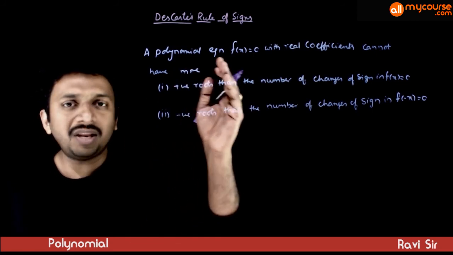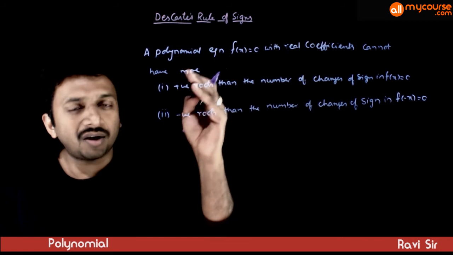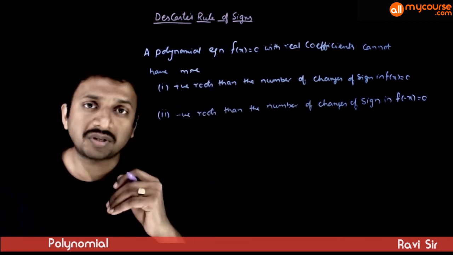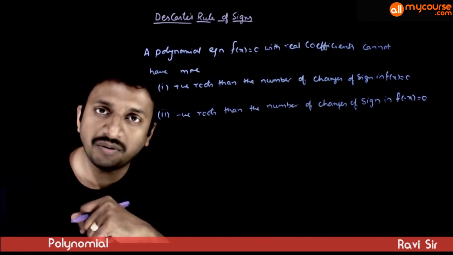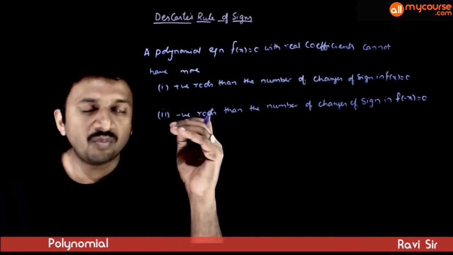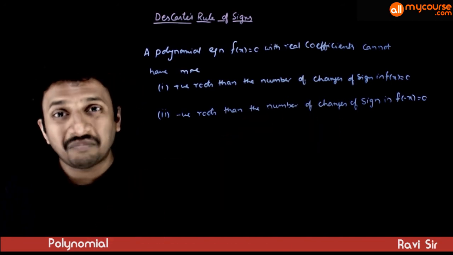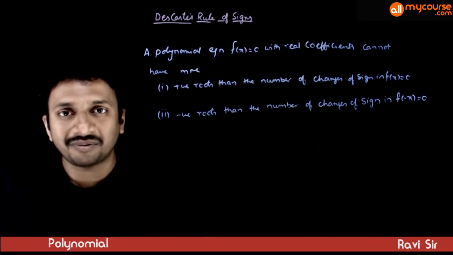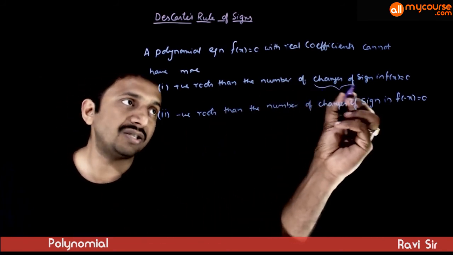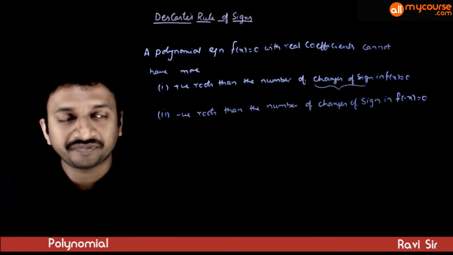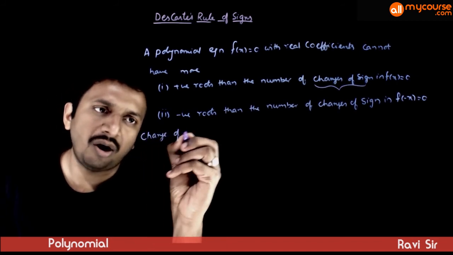So a polynomial equation f of x is equal to 0 with real coefficients cannot have more positive roots than the number of changes of sign in f of x is equal to 0. And it cannot have more negative roots than the number of changes of sign in f of minus x is equal to 0. So let us first see what change of sign means. What is meant by change of sign?